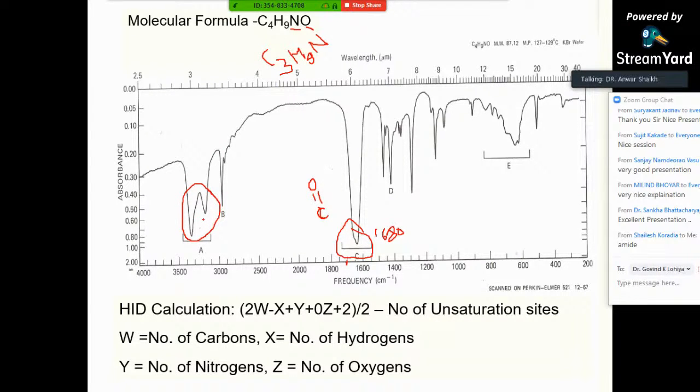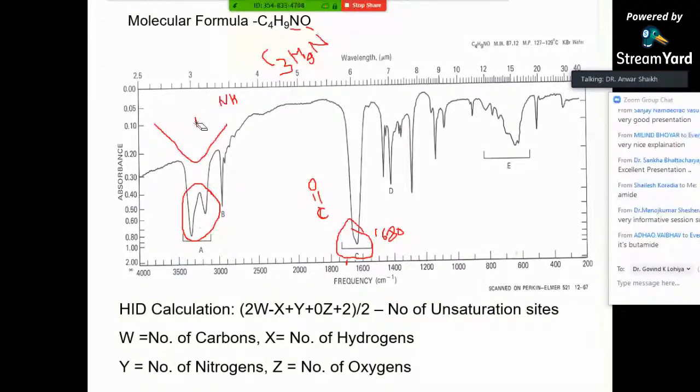A very specific pattern. Last time I told you about the peak splitting into two. If the peak is broad like a tongue, we would say it is OH, but it is not the case. If it is a single sharp line, then we say it is NH, but it is not the case. It is split into two.